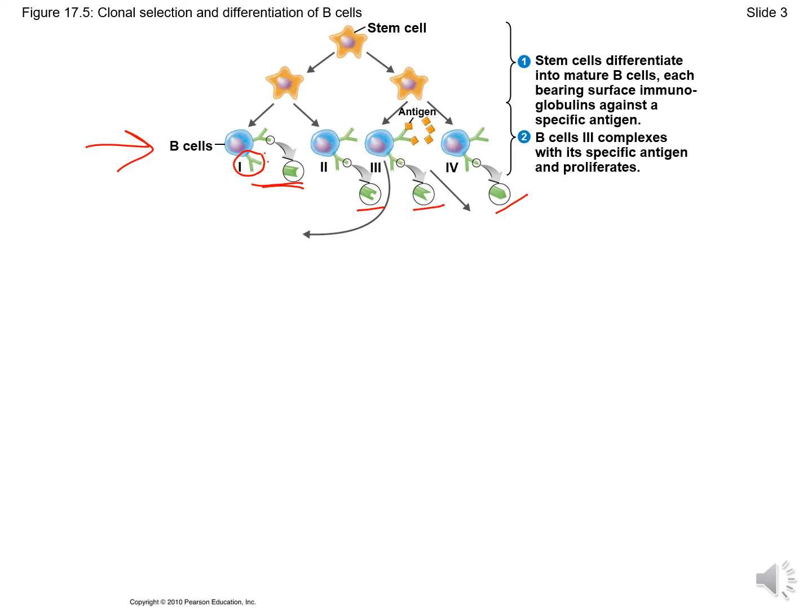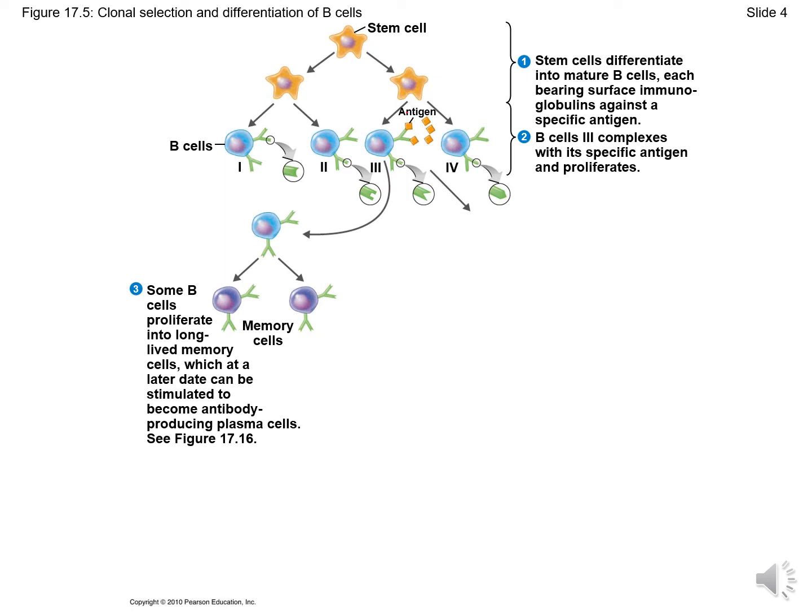So these 4 B cells, along with actually thousands of other B cells, are waiting in the lymph nodes for an antigen to filter through, an antigen that entered the tissues and was flushed out of the tissues into the lymphatic vessels and is now being transported to the lymph node. So those B cells are waiting for an antigen that they can respond to. And B cell number 3 apparently has an IgD molecule that can recognize this particular antigen.